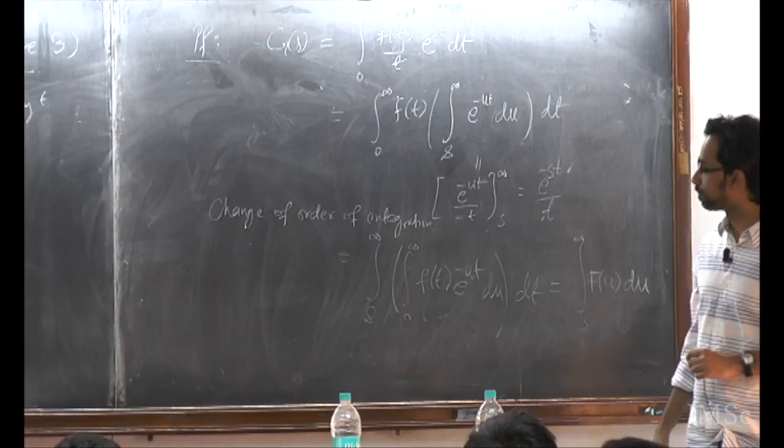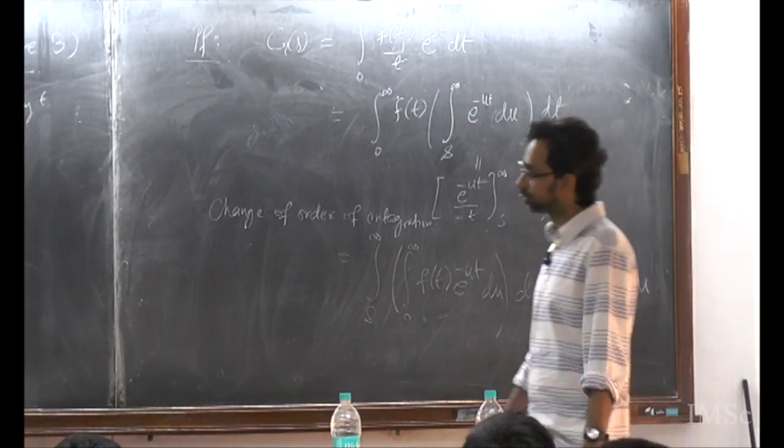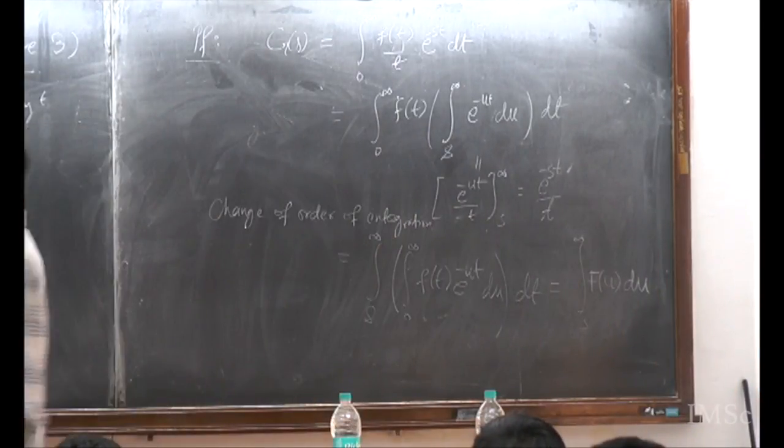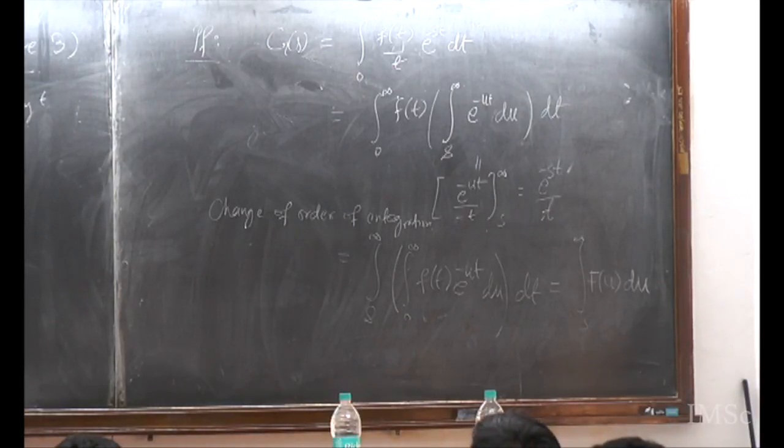Yes. For example, so this is a particular case of an integral. Is it true that, suppose you have a function of two variables s and t, okay? You integrate over t and you take the limit of s tends to 0. Okay?